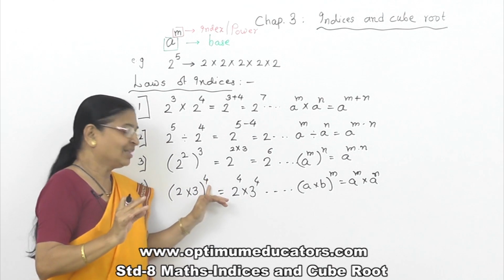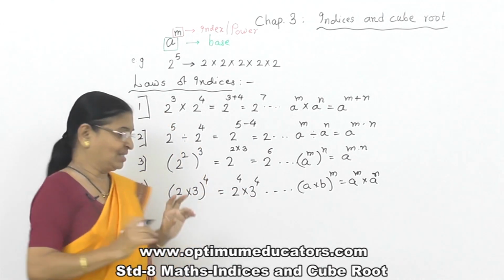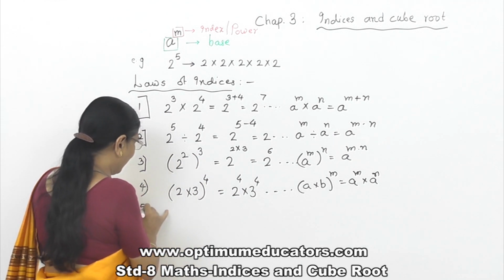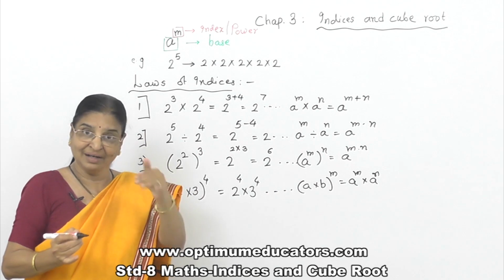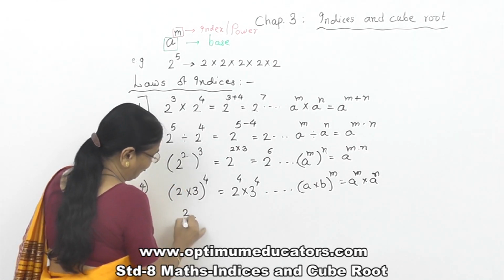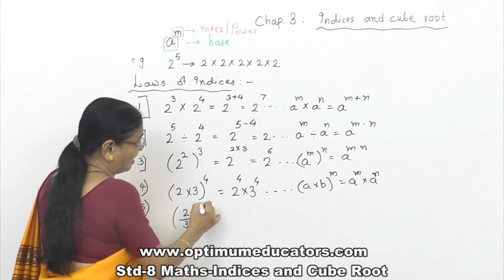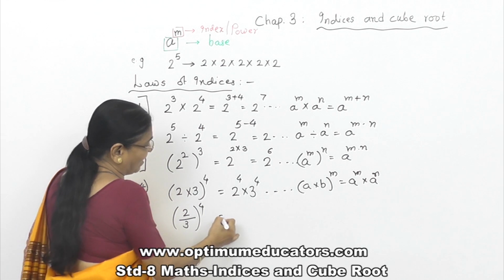Then also the same index should be given for each base. Similarly, again, when the multiplication is there, why not the division also, like 2 upon 3? Then I will again write the same ratio, same index. How I will write?